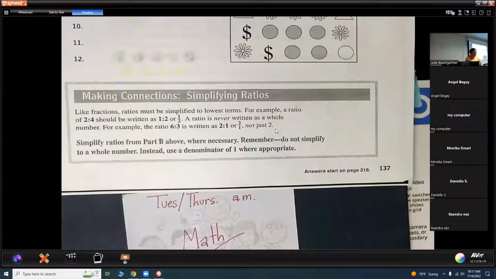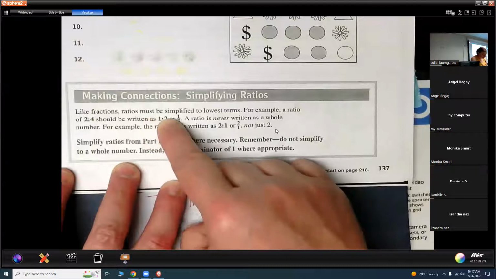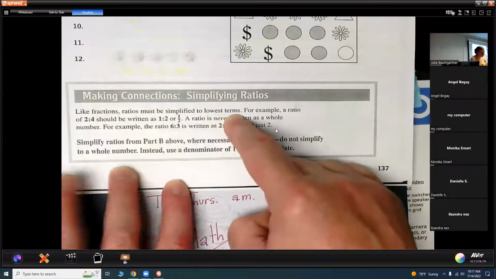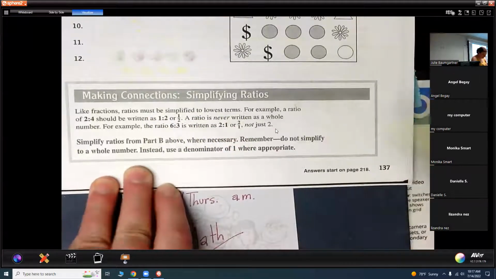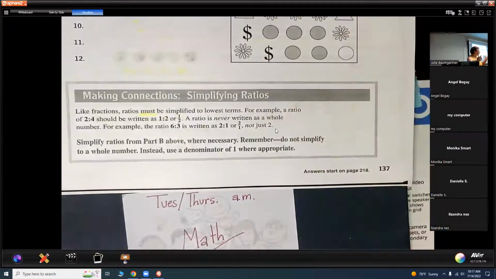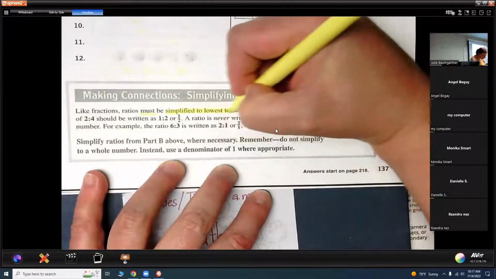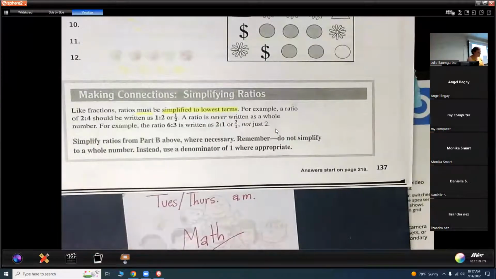So like fractions, ratios must be simplified to lower terms. It makes sense because we want to boil it down to its simplest form. Hopefully everyone feels confident when we talk about a fraction, we talk about simplifying or reducing it to lowest terms.